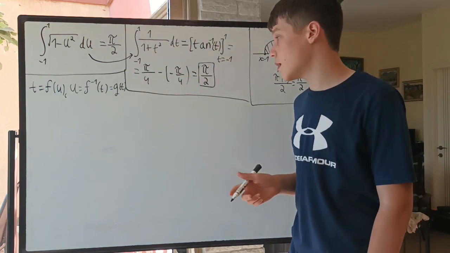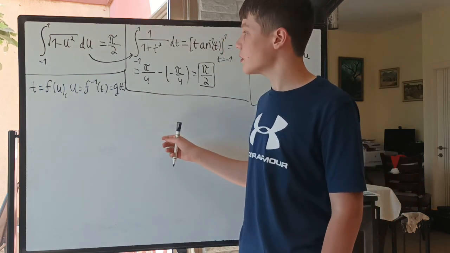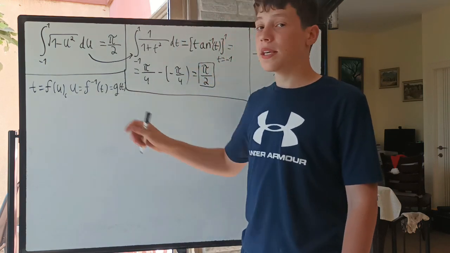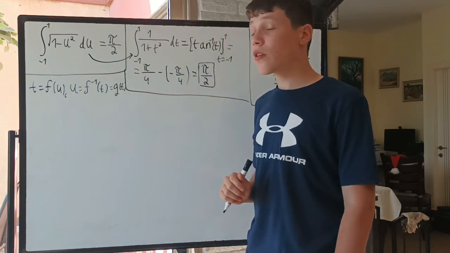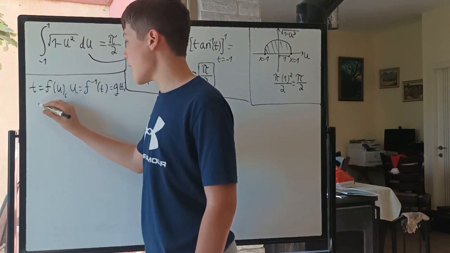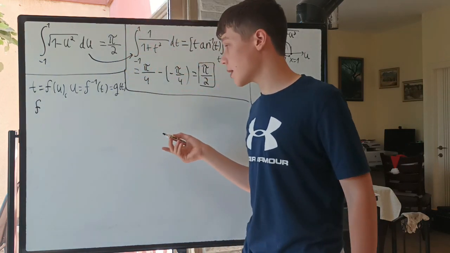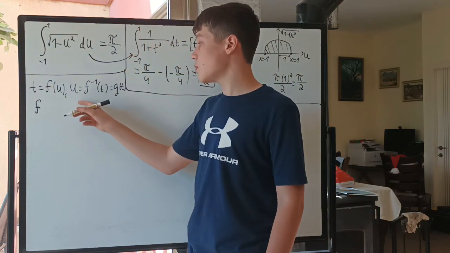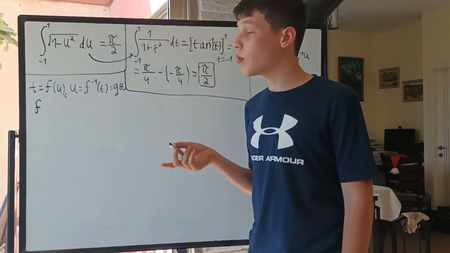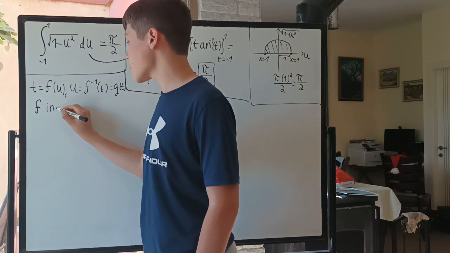Okay, so when we substitute t equals f of u, for it to be a valid substitution, we want f to be one to one, but again, because we are plugging in u equals f inverse of t, what we actually want is f to be invertible.